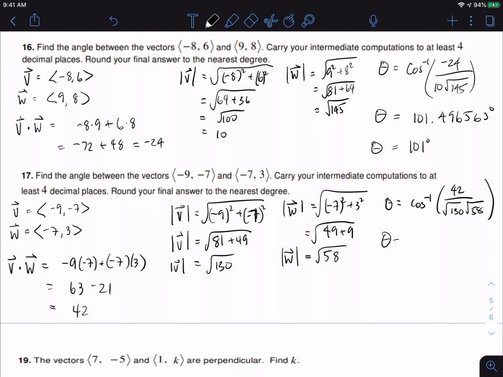So the theta that I got was 61.07 degrees. And since we want it to the nearest degree, it should be 61 degrees. Does that make sense?